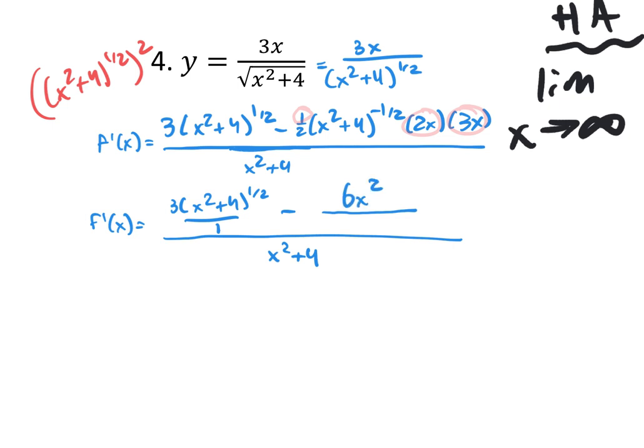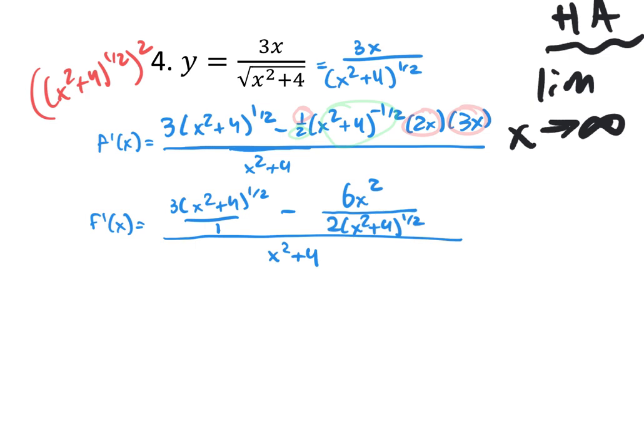Okay, and then in the bottom, that's where this 2 and all this ends up. So that would end up as 2 times (x squared plus 4) to the 1/2. All right, so now I've got to combine everything.